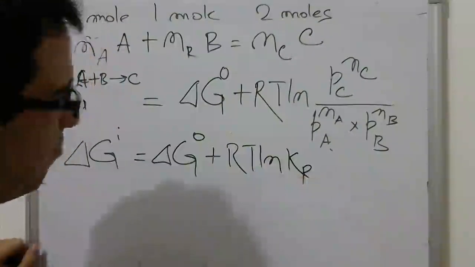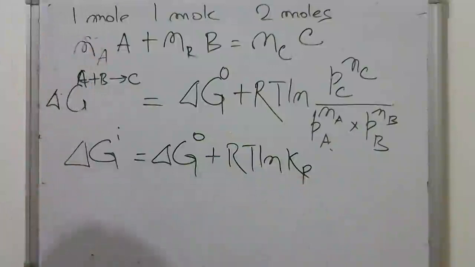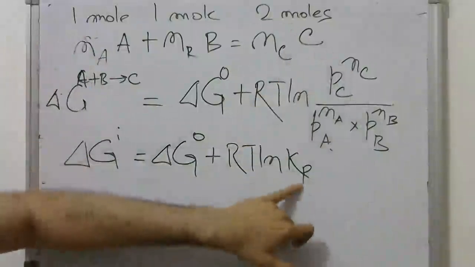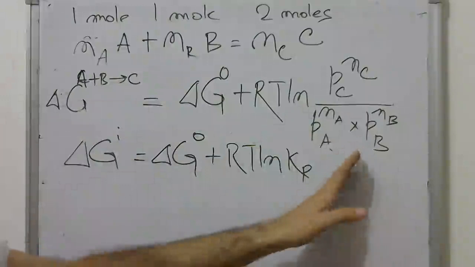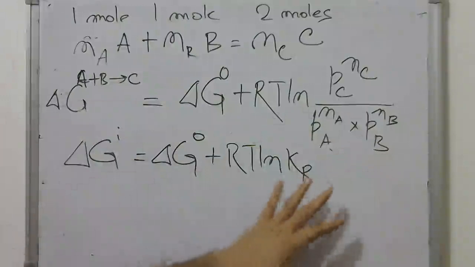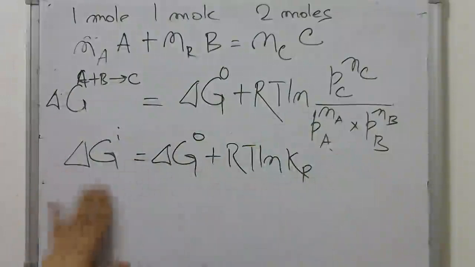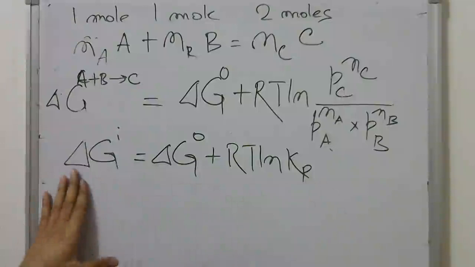Ln Kp for partial pressures. If it is expressed in terms of partial pressures, we normally write it Kp. If it is expressed in terms of concentrations or activity, we term it as Kc. So delta G is delta G0 plus RT ln Kp. This is the equation we talk about.